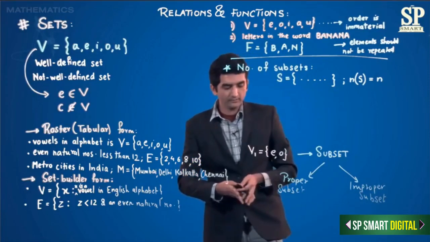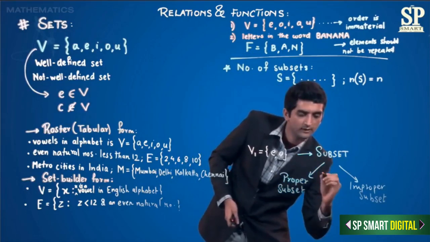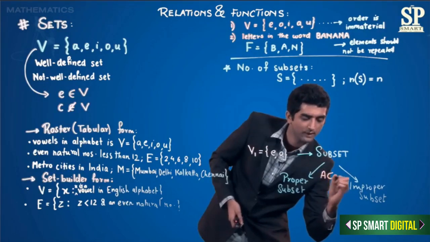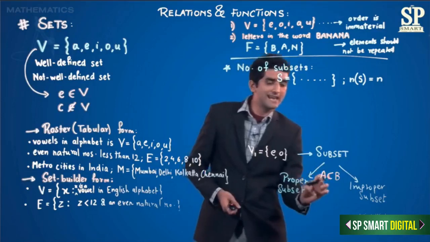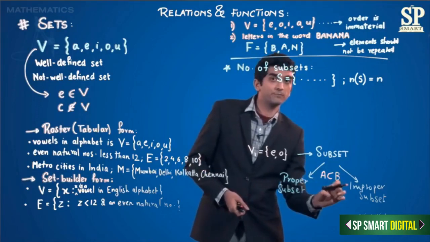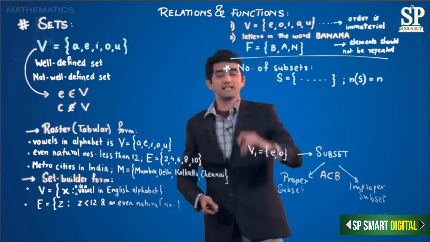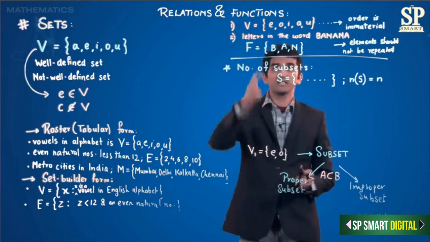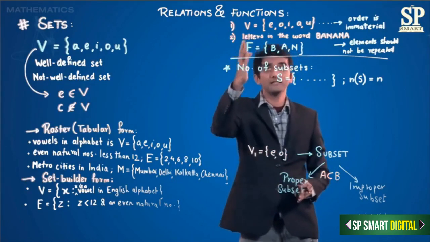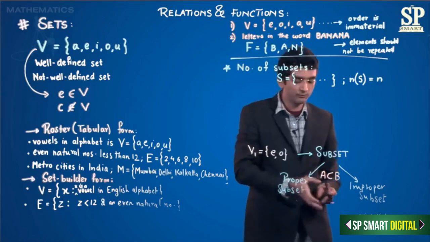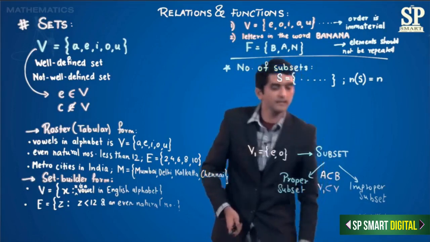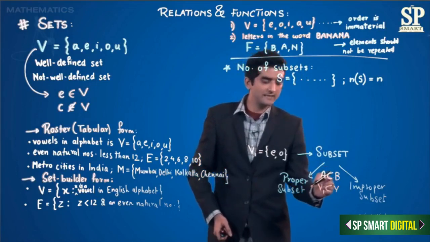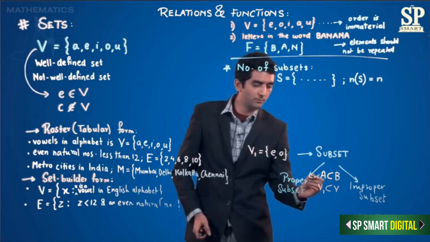Right? And generally this is how we represent subsets. This signifies that A is a subset of B. So likewise here, as I said, V1 was nothing but E and O. So V1 is a subset of V. This is how we write that. Right? Now what this signifies is the proper subset.